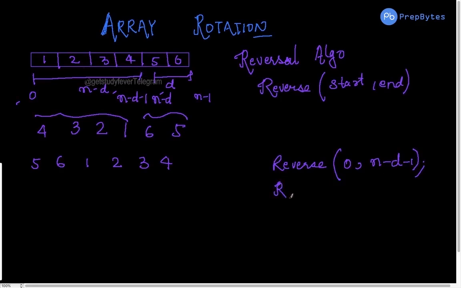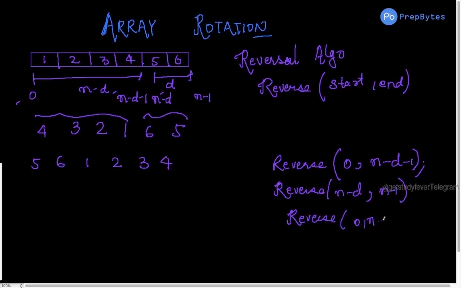Then we call reverse n minus d, n minus 1. This is for this particular part. And then I'll call reverse on the complete array, 0 to n minus 1. So this call reverses this part of the array, this call reverses this part, and this call reverses the complete array. And hence we get the rotated array.